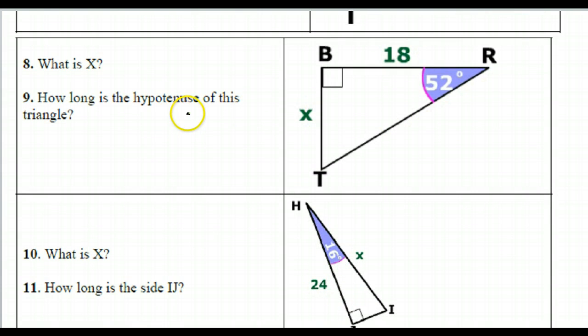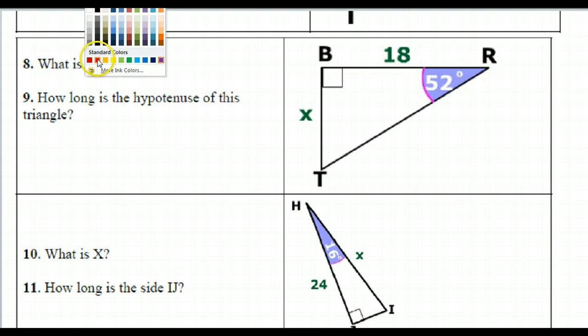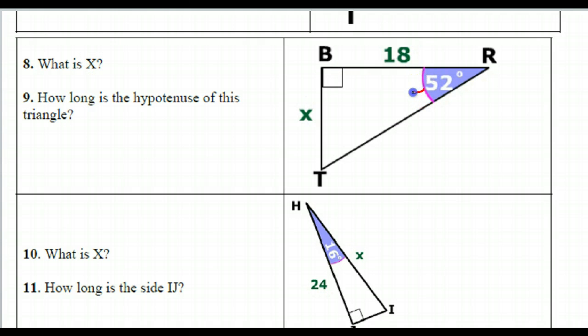Now, we can use this type of information to solve triangles, to find unknown sides. So what is x? Well, first we have to decide which function we're going to use. The angle that we're given right here is the 52. So from the perspective of the 52, what is this 18?